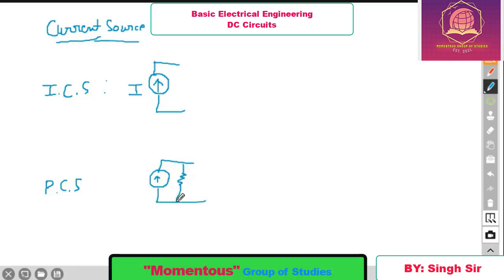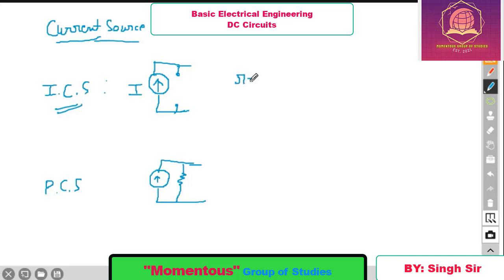Okay, so you can see that there is no resistance here, but actually it's not like that. There is a resistance whose value is infinite. So the internal resistance of the ideal current source is infinite.